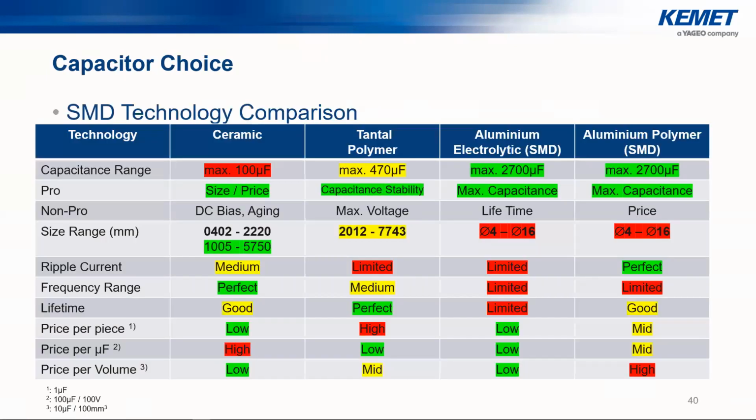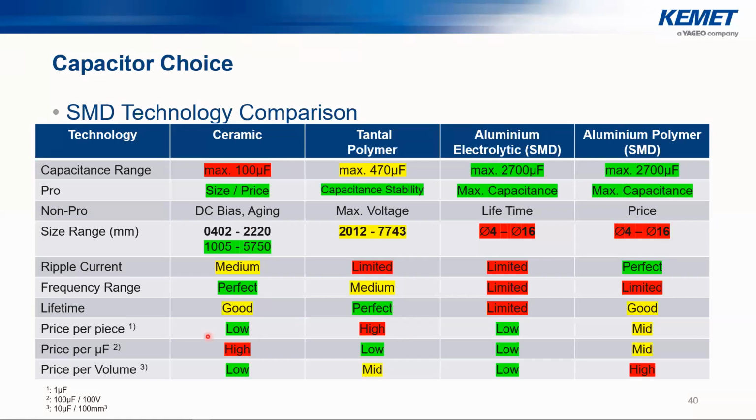In this picture, I have marked in red what is maybe the downgrade and in green what is perfect. So the ceramic capacitor is nice in the size range, the frequency range is nice, and the price per piece. The tantalum polymer capacitor might be very expensive if I look just at one piece, and I agree. Sometimes it's more than 6-7 times more expensive.